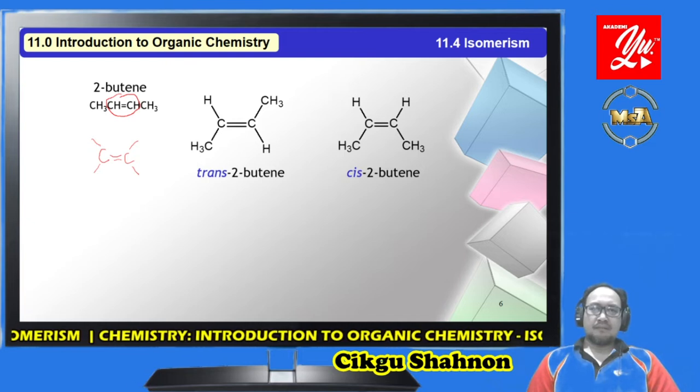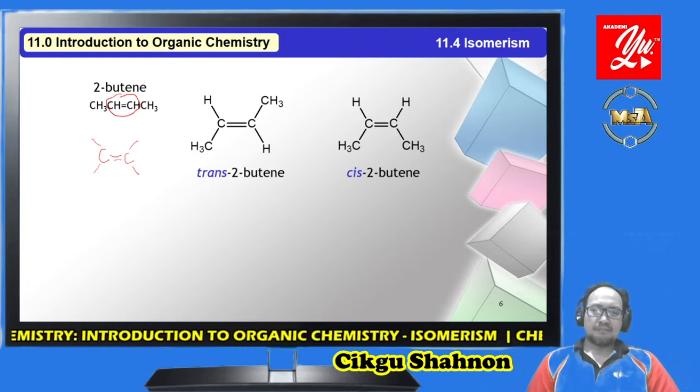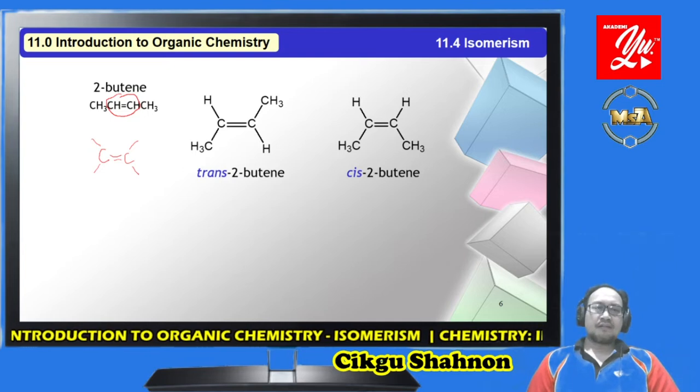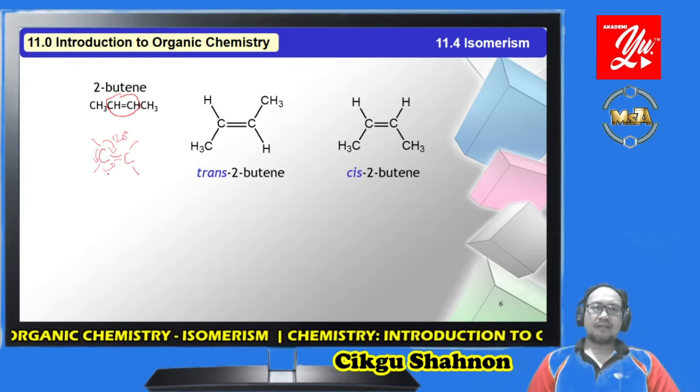for carbon-carbon double bond, we know that this is sp2 hybridized carbon. The shape of sp2 hybridized carbon is trigonal planar. Okay, this is trigonal planar with the angle of 120, 120, and 120.